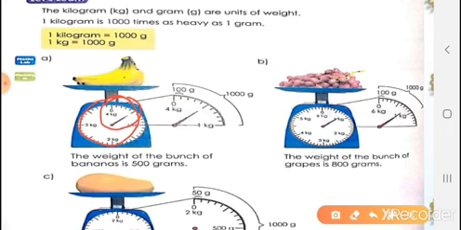If you count 100 till 5, so 100, 200, 300, 400 and 500, we have 500 grams. So the weight of the bunch of bananas is 500 grams. Each interval stands for 100 grams. You have to keep this in mind.